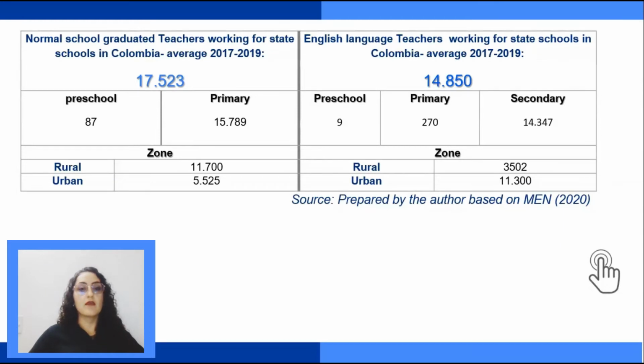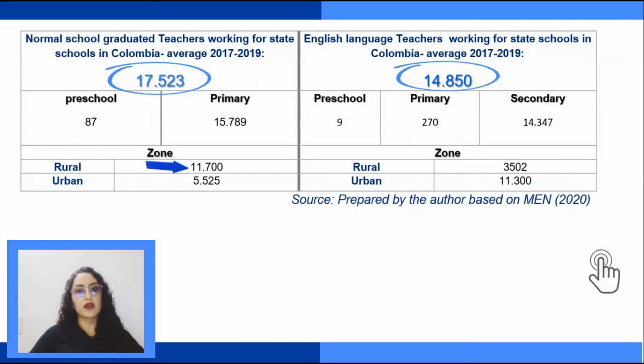Here you can see the amount of normal school graduate teachers working for state schools in Colombia, an average between 2017 and 2019. There were in total 17,523 teachers. 87 of them were working for preschool and the rest for primary, and more than 50% were enrolled in a rural institution.